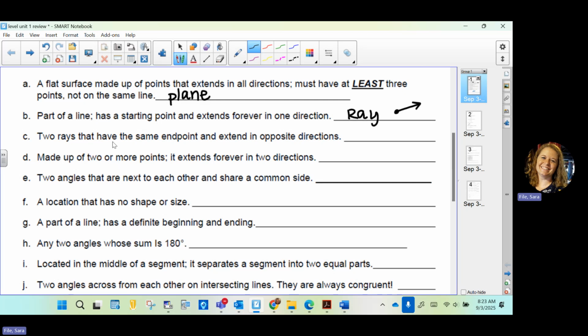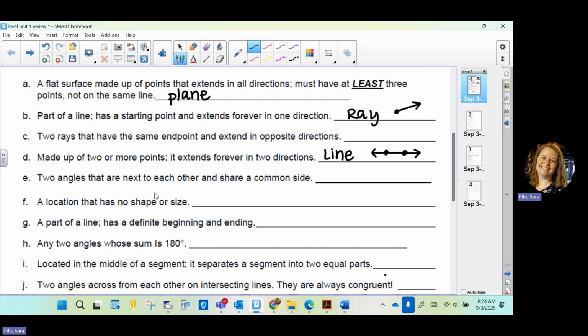Technically, that should say opposite directions, because it's not 2 random directions. There's no turn. It's 2 opposite directions. That's going to be your line. It's actually made up of infinitely many points, but when they say 2, it means there are going to be 2 or more labeled on there, because to name the line, we need 2 points.